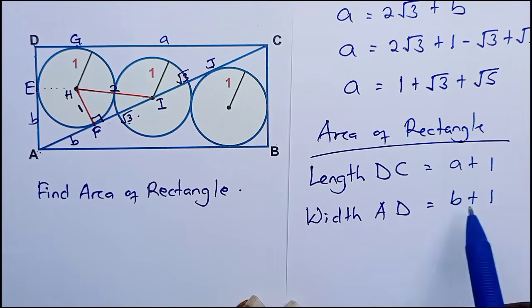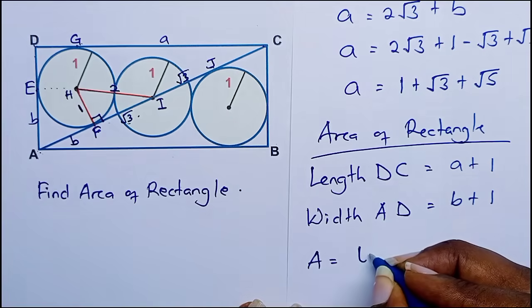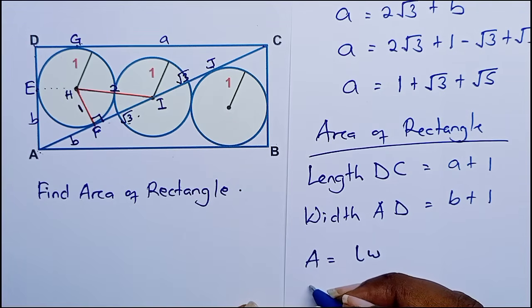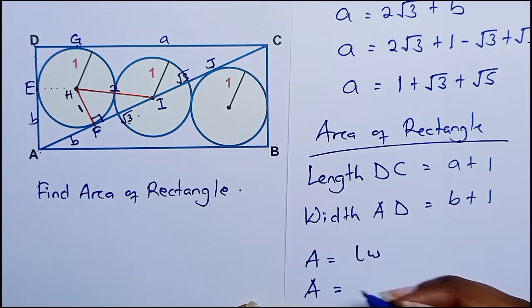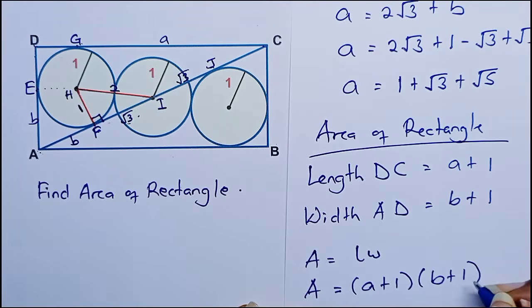So we have the length and width. So area is equal to length times width. And so area will be equal to, our length is A plus 1 and our width is B plus 1. We already have the value of A and the value of B. So we're going to substitute.